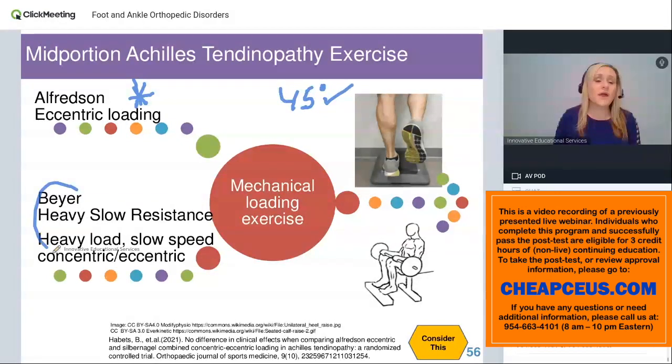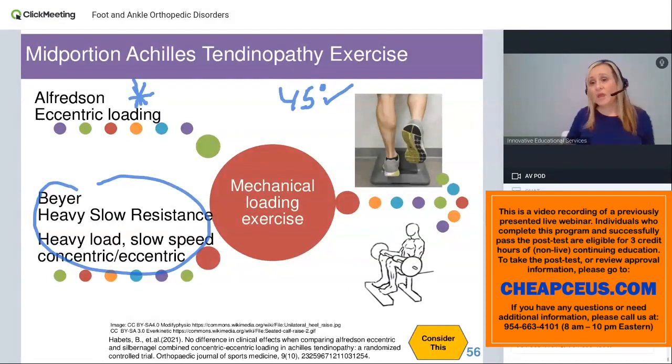The Beyer program, this is looking at heavy load, slow resistance. So again, the idea is that this mechanical loading is promoting healing of the tissues, or it's building the capacity of the tissues that are remaining to get adaptation in the fibrils that are still there, as opposed to new fibril formation. We're starting our patient, we're doing 3 specific exercises. So we're doing the heel raise with some type of resistance in sitting, and you can add a board or wedge to get more range of motion.